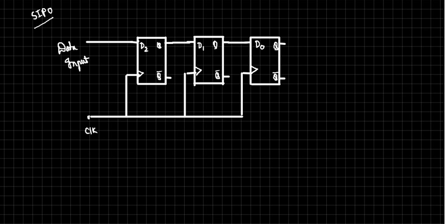At a time I want, so I should take out 3 different unique terminals. Take it from here, there. So here you will get Q2, Q1, Q0.